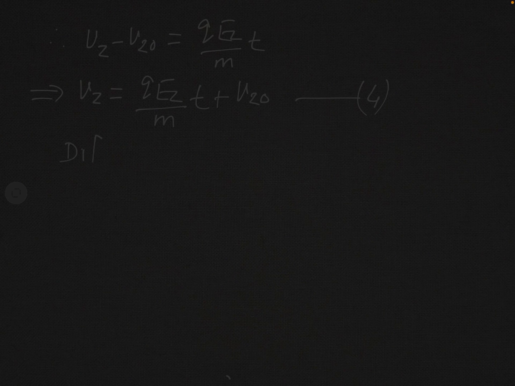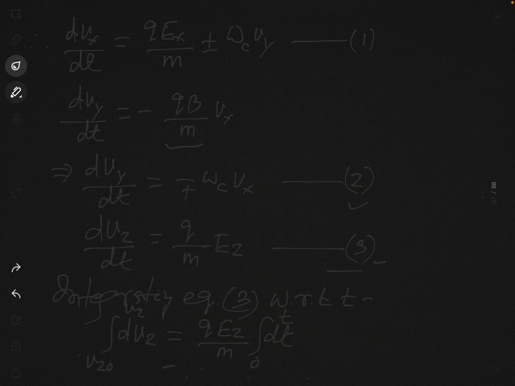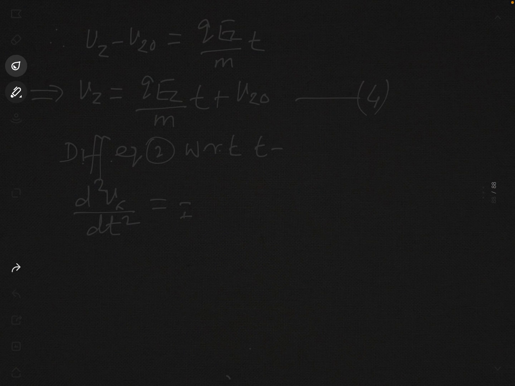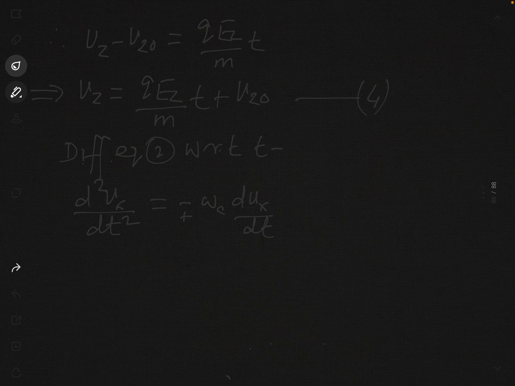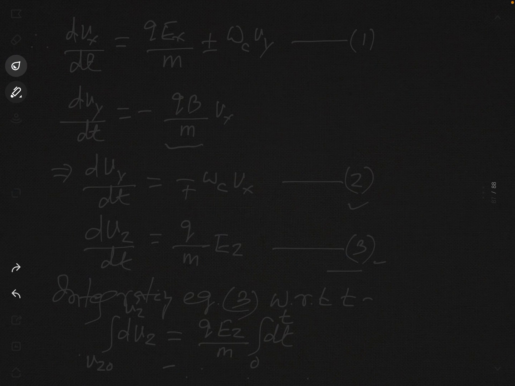Differentiating equation 2 with respect to t, this will be d2 Vx by dt square, equal to minus plus omega c dvx by dt.